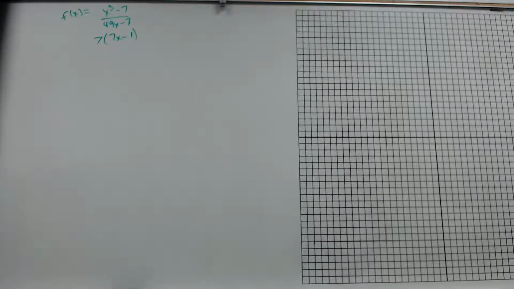This one wasn't a great problem, sorry. And then, so I've got a vertical asymptote where? X equals 1/7. X cannot equal 1/7, right? That make sense? Okay. All right, let's talk about horizontal or oblique. How do we figure those?